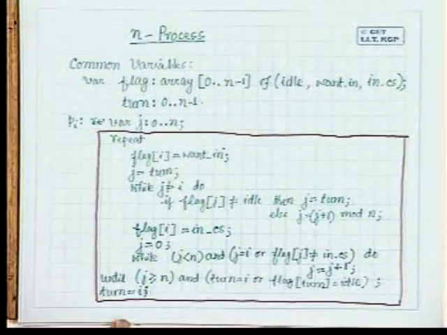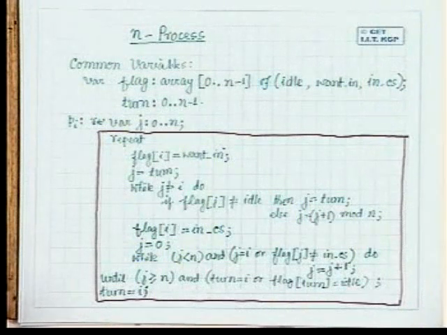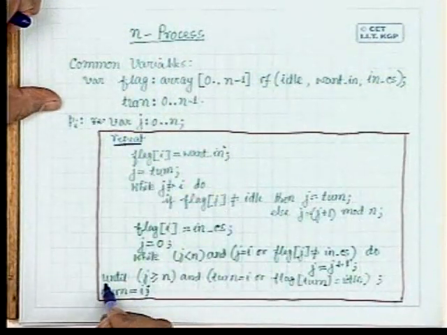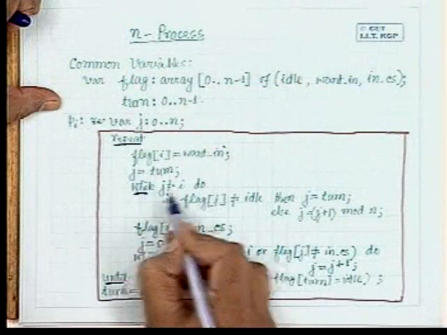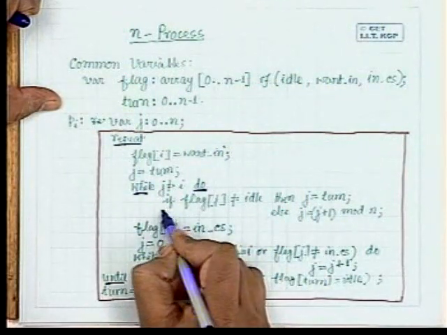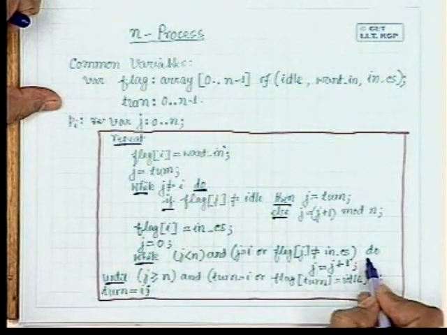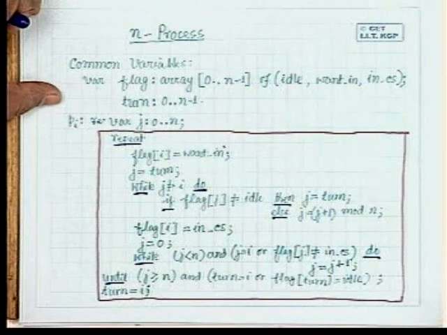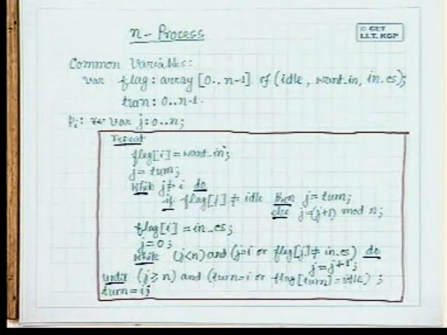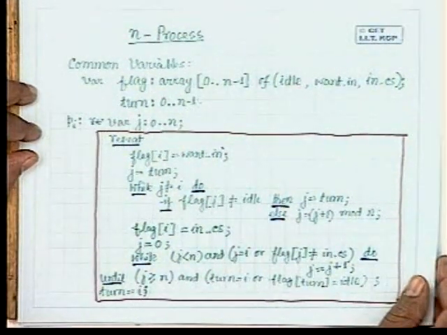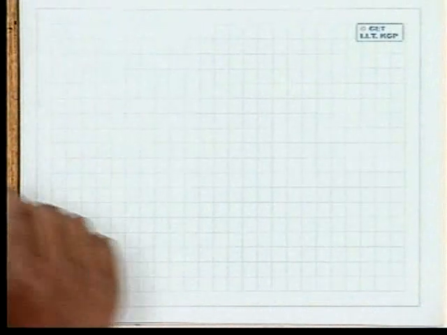So this forms the entry section, and after this entry section you have the critical section, and in the exit section the code will be something like this.